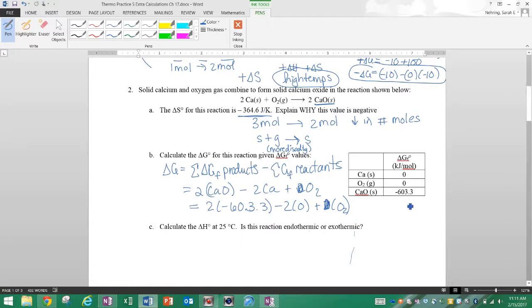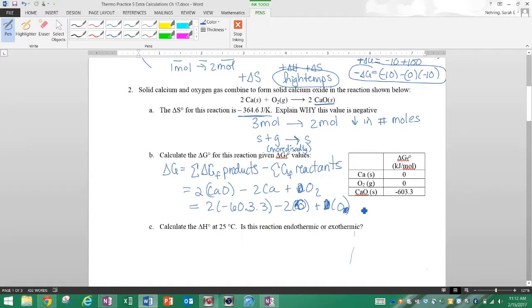It's the energy change involved in forming 1 mole of something from its elements in their elemental state. So if the thing is already in its elemental state, then its delta G is 0.